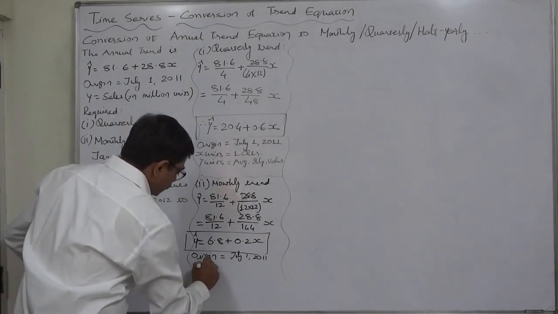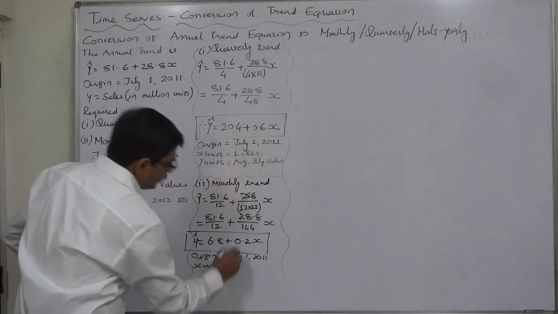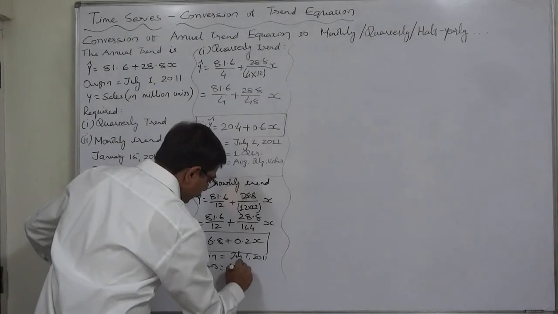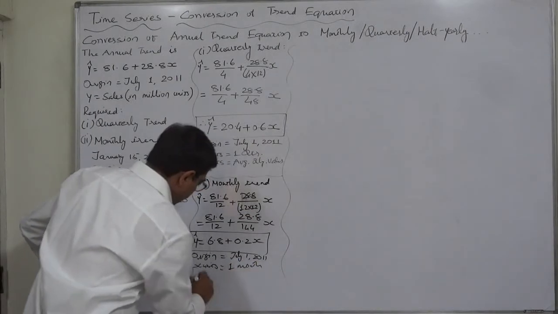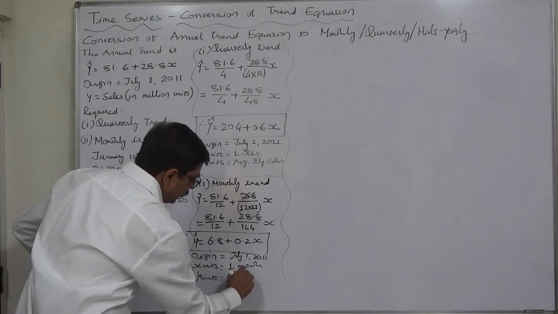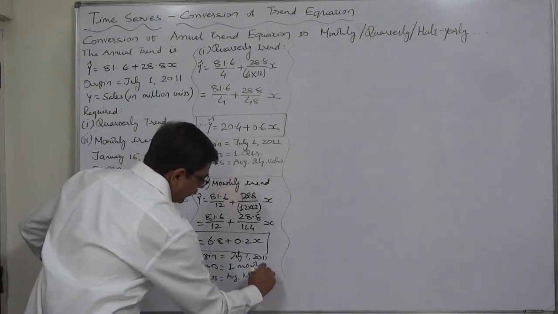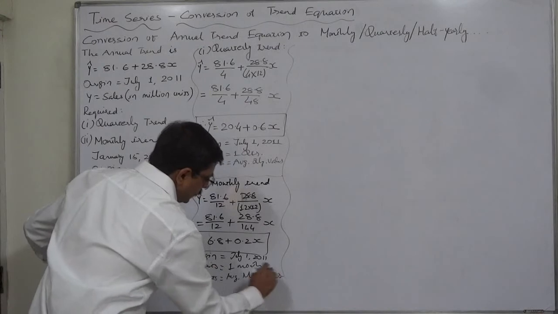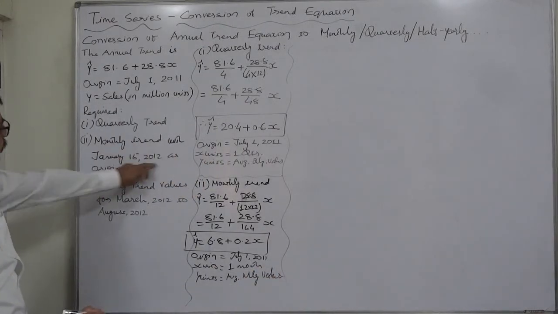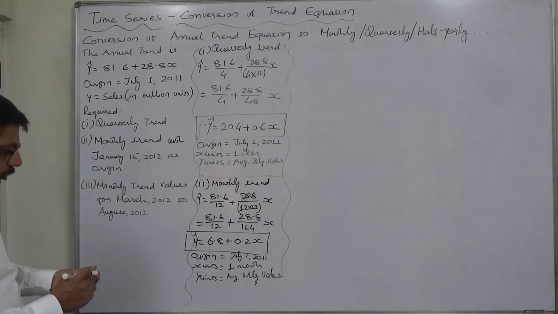X units 1 month because we divide the B by 12 into 12, and Y units average monthly values. But we actually need the monthly trend with January 15, 2012 as origin.